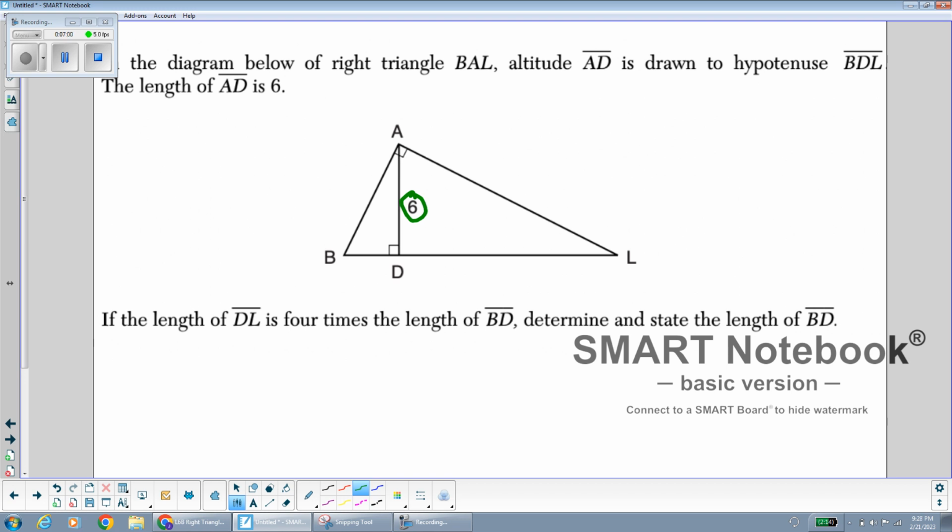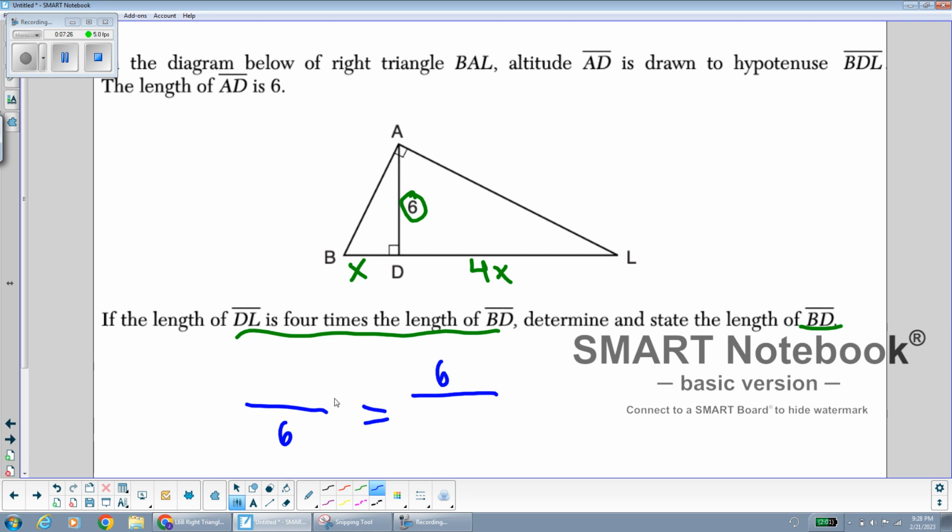It also tells us that the length of DL is 4 times the length of BD, and we're finding BD. So I'm going to represent BD as x, and since DL is 4 times BD, I'm going to represent DL as 4x. So the altitude rule says that the altitude, which is 6, is the mean proportional.